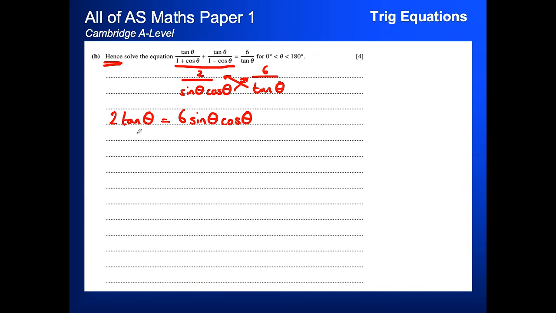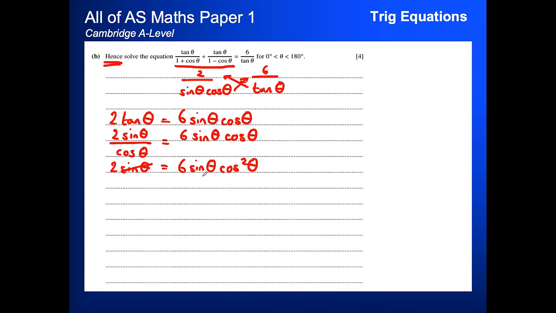At this point, I can change tan to sine over cos, like I did before, so 2 sine theta over cos theta. And again, there's no one correct way of doing this necessarily, but I'm just taking an approach and trying to simplify as much as possible. So at this point, I'm going to times through by cos theta, so I get 2 sine theta is equal to 6 sine theta cos squared theta.